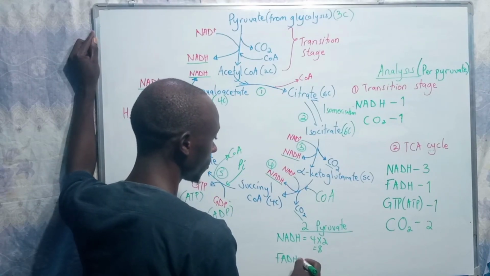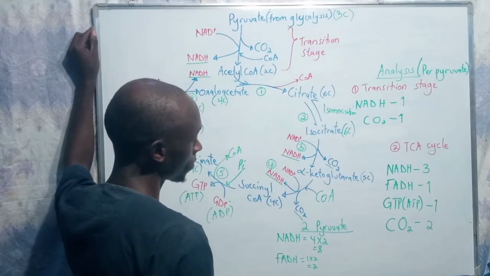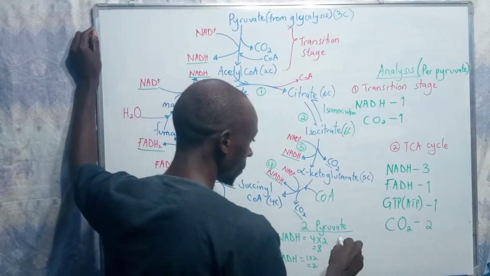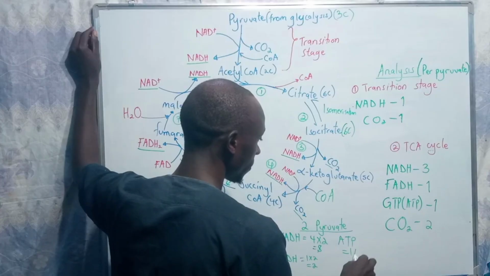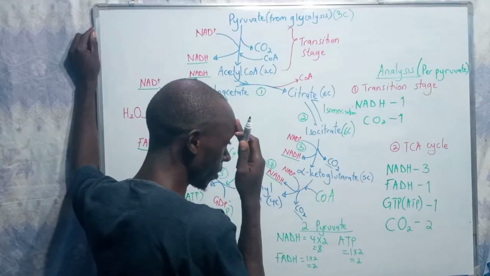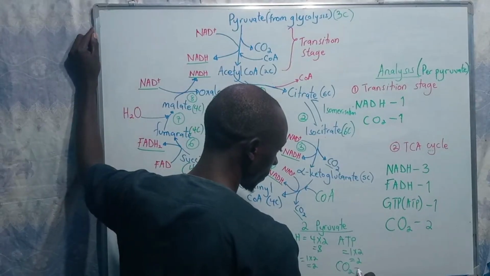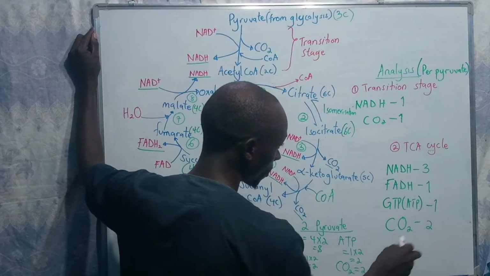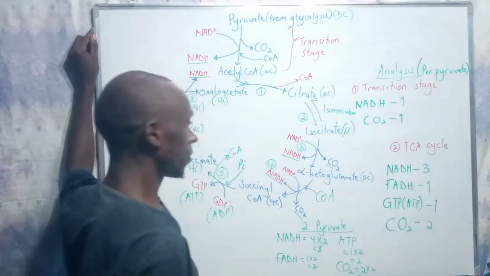When you have FAD, in the transition stage, the reduced FAD will not be there. So we shall just have 1 times 2, giving us 2. Then GTP or ATP, we shall have 1 times 2, giving us only 2 ATP molecules from the 2 pyruvate molecules. Then carbon dioxide, we shall just have 2 molecules times 2. Of course, we know we shall get 4.